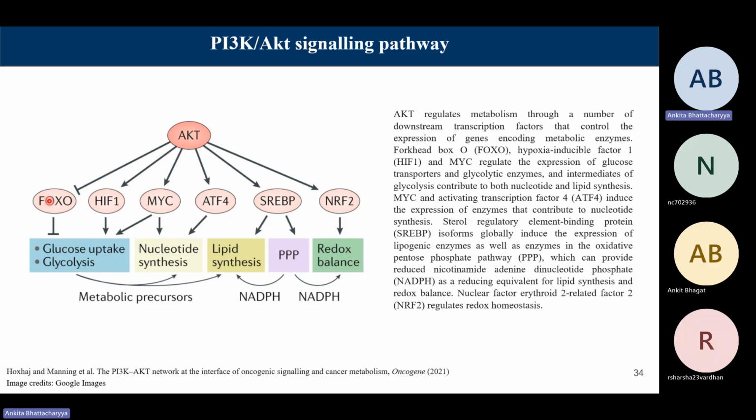Like FOXO is responsible for negatively regulating glucose uptake and glycolysis, whereas HIF1 is able to actually promote that in more amount. Then you have control of nucleotide synthesis via MYC and ATF4 as well. Then you have SREBP, you have NRF2. All of these are regulating different parts.